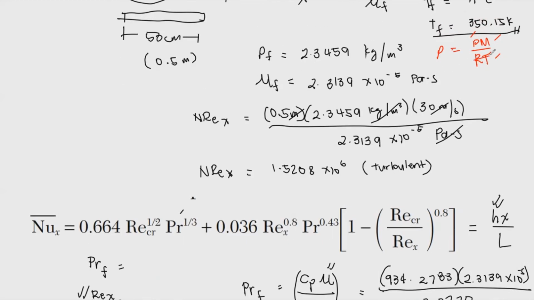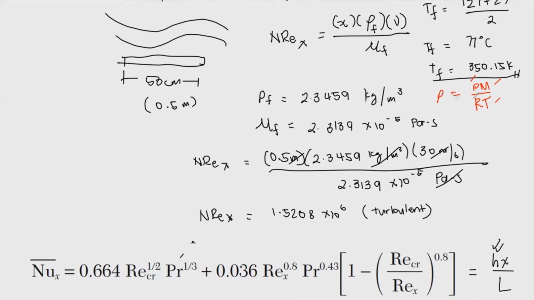But you can also use this as a shortcut if you have some time issues and you need to be fast. You can also check the density using this PM over RT. But I would also like to emphasize that the ideal gas law holds true only at a certain temperature and pressure. As we increase or decrease temperature and pressure a lot, the gas will be deviating from its ideality, and then it will be a real gas.